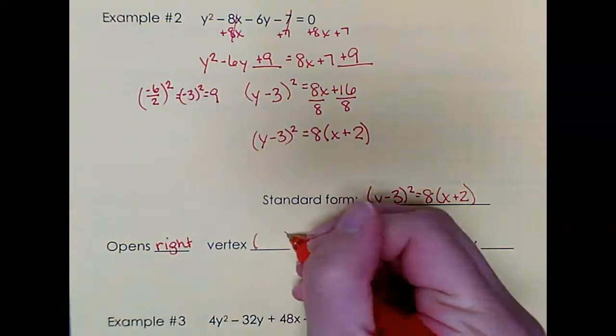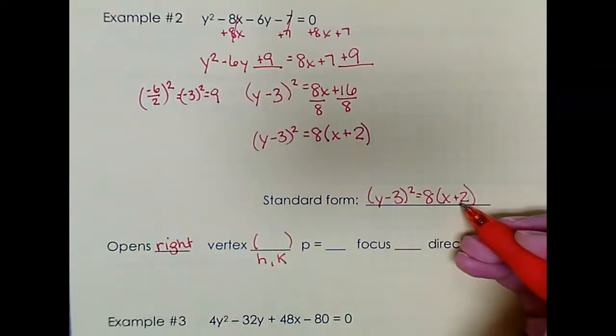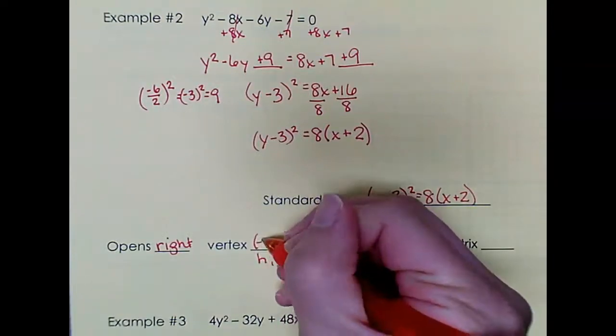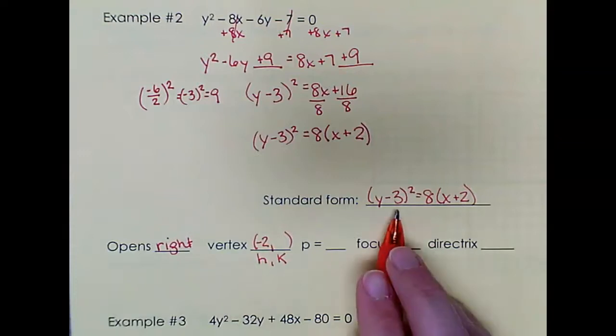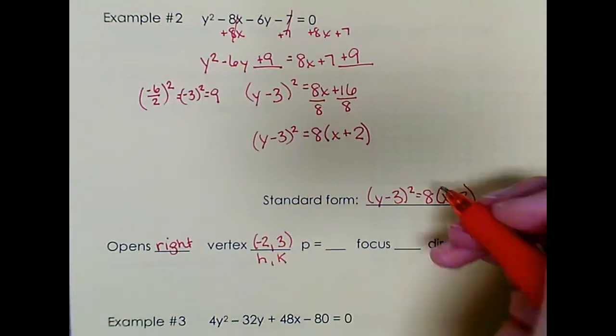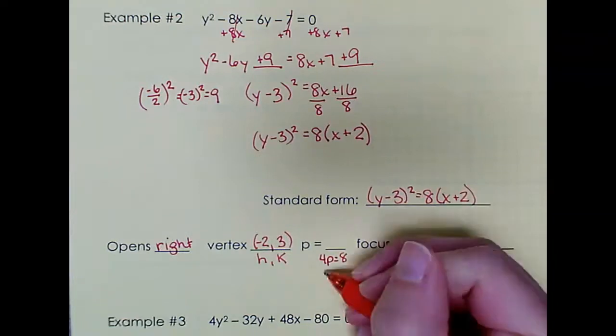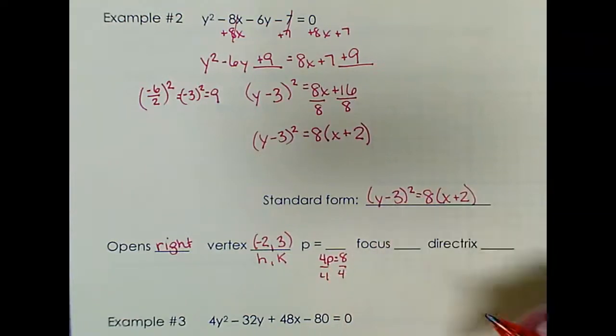My vertex, h comma k, h is with x, so the opposite of 2 is -2. K is with y, so the opposite of -3 is +3. P comes from right here, so if 4p has 8 in its place, then when I divide by 4, I get a p value of 2.